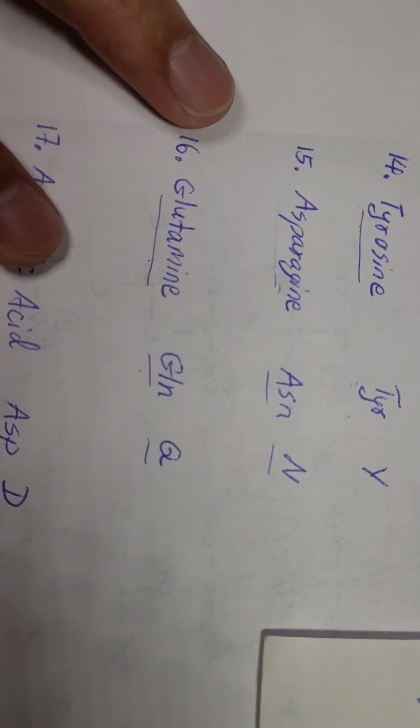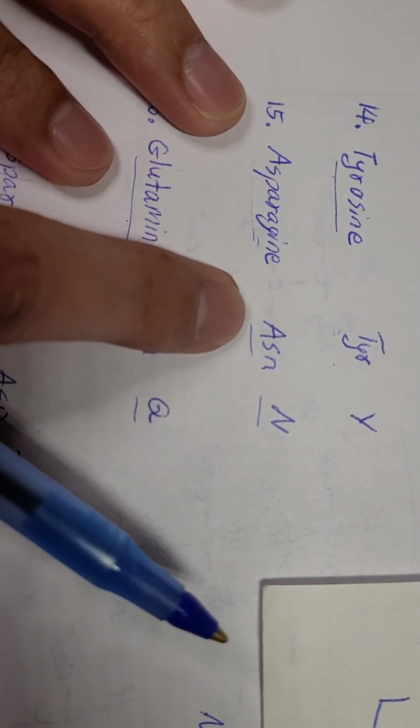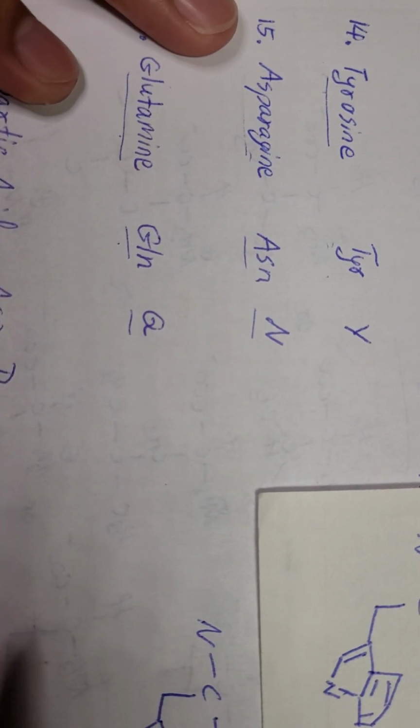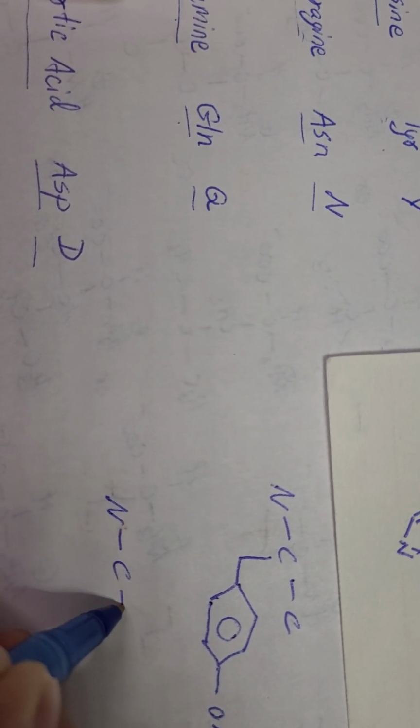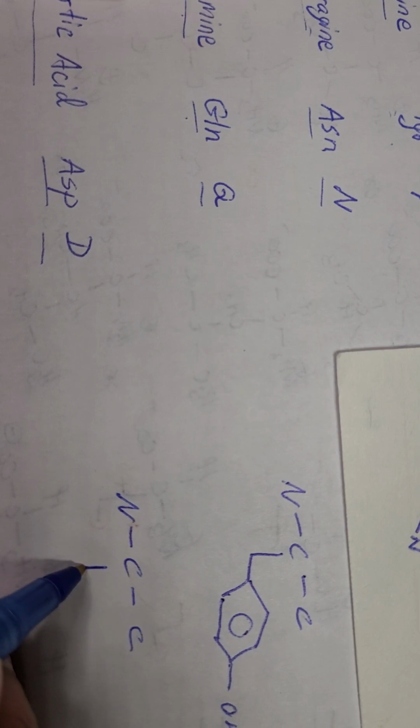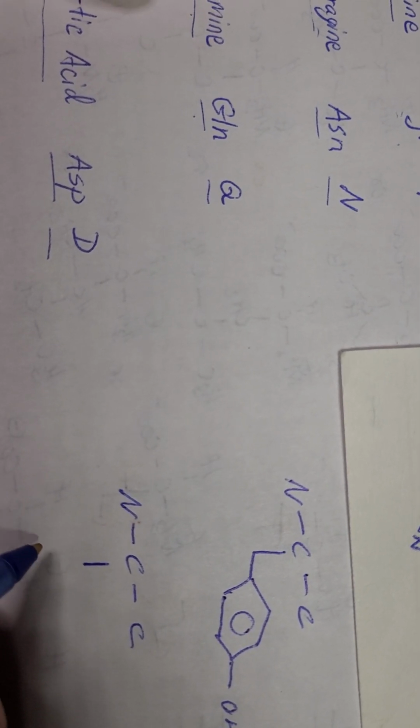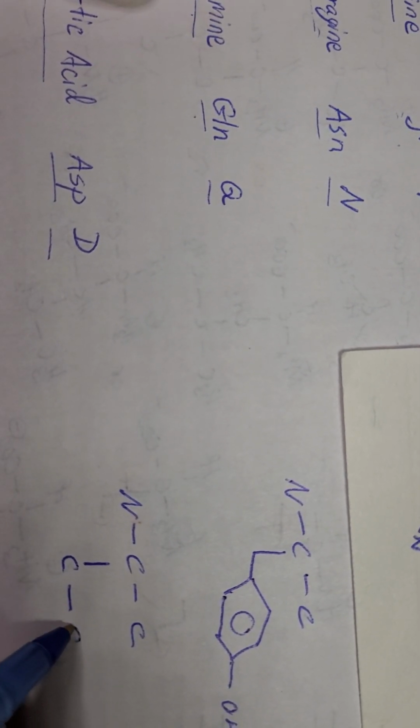Okay, the next one, asparagine, ASN, N. The way to draw is NCC, go down, 2 carbon.